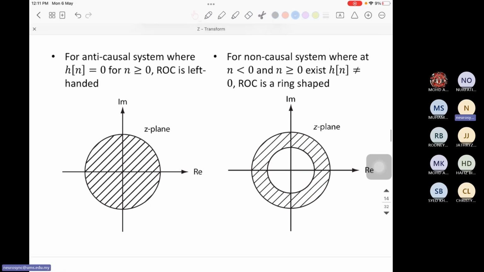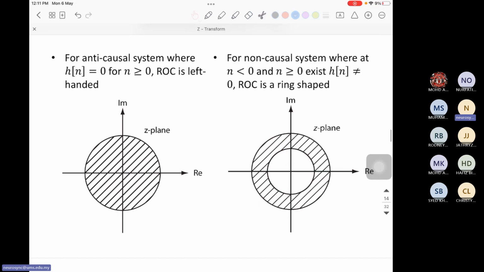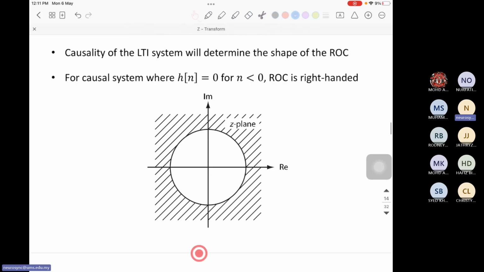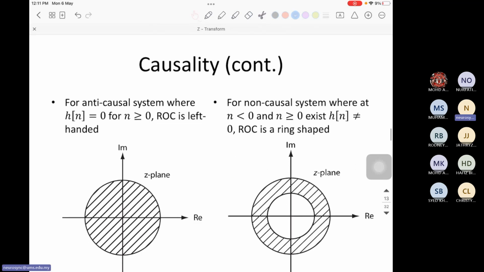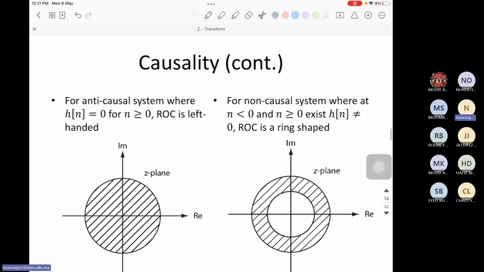If you see the region of convergence like this, then you can say that the particular system is a non-causal system. So the causal system is where h of n is 0 for n less than 0, the anti-causal system is where h of n is 0 for n greater than or equal to 0, and the non-causal system means h of n exists and is not equal to 0 for this limit.